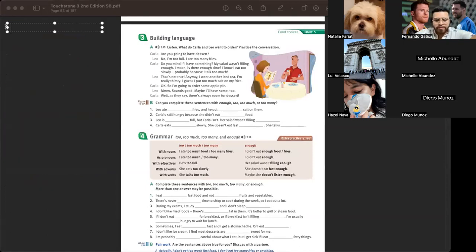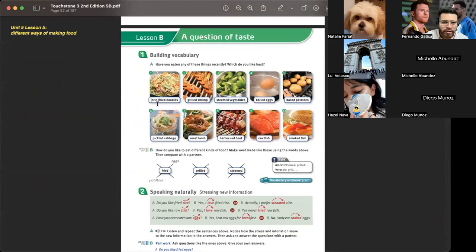In this lesson, Unit 5, Lesson B, we talked about different ways of making food. For example, you can fry food, grill food, steam food, boil food, bake food, pickle fruit, roast food, barbecue food.